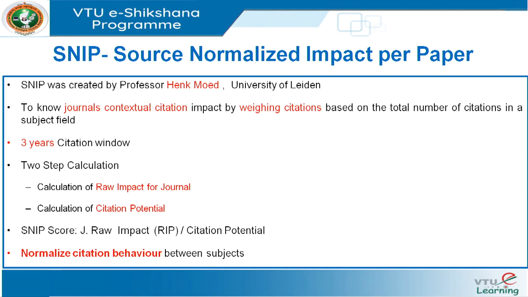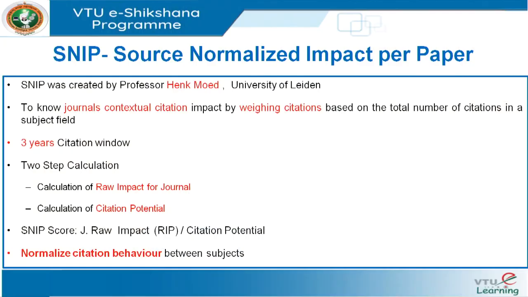Imagine your institution comes out with a policy: those who have published papers in a CiteScore journal above 20 will get promotion, and those who have published papers below 20 will not. Definitely those in biological sciences, chemical sciences, and medical sciences will qualify for the promotion, but the rest will not qualify, because the nature of the subject is like that.